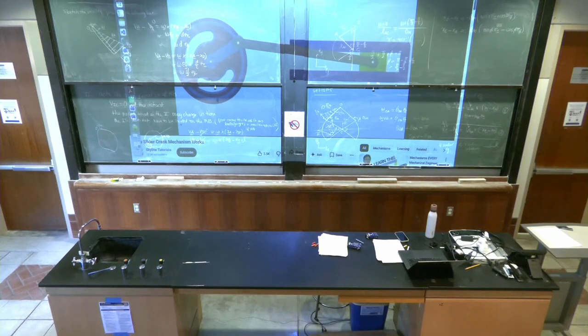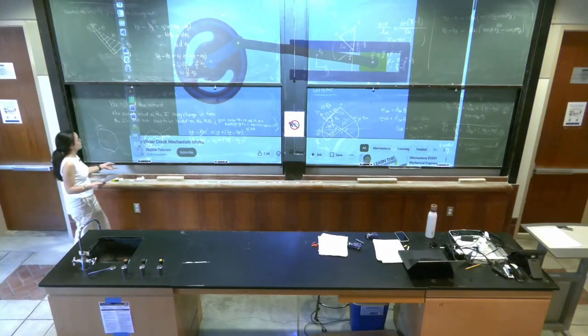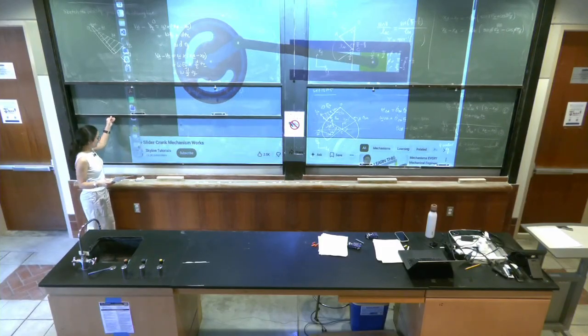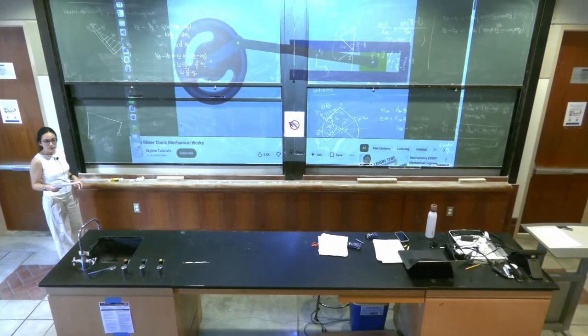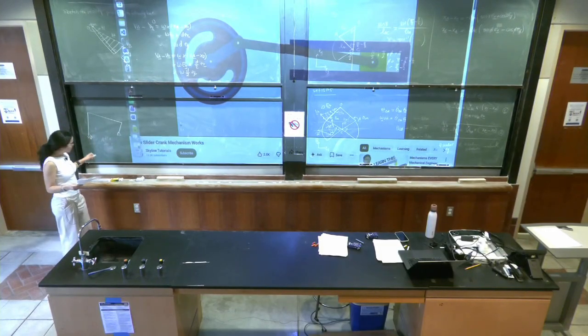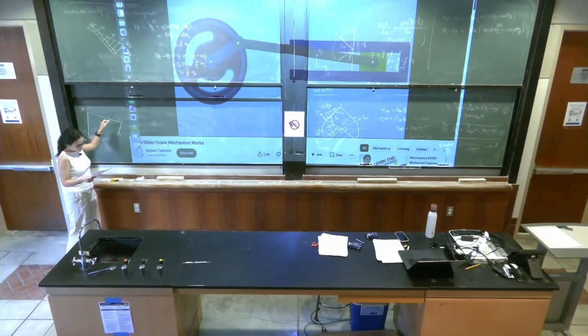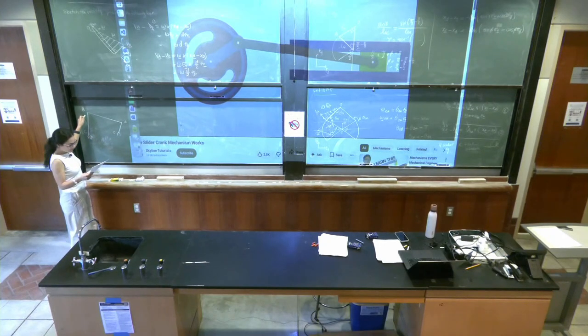So how would you draw the instantaneous center of rotation of AB? What do I do? Can you walk me step by step through this? Velocity of B is perpendicular to BC, so like this? Okay, VB.